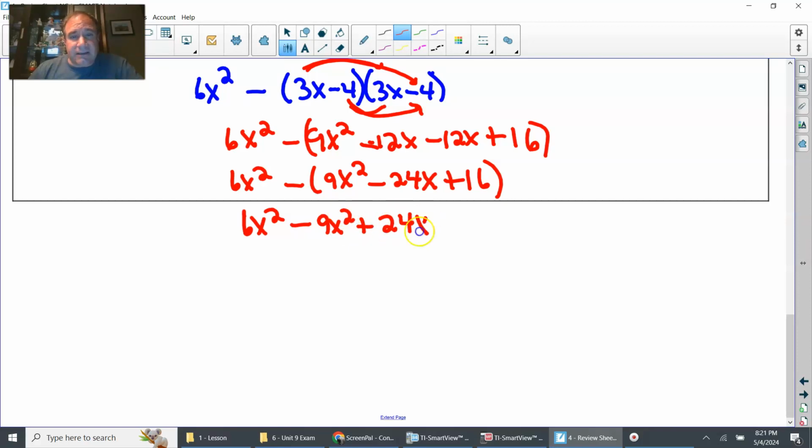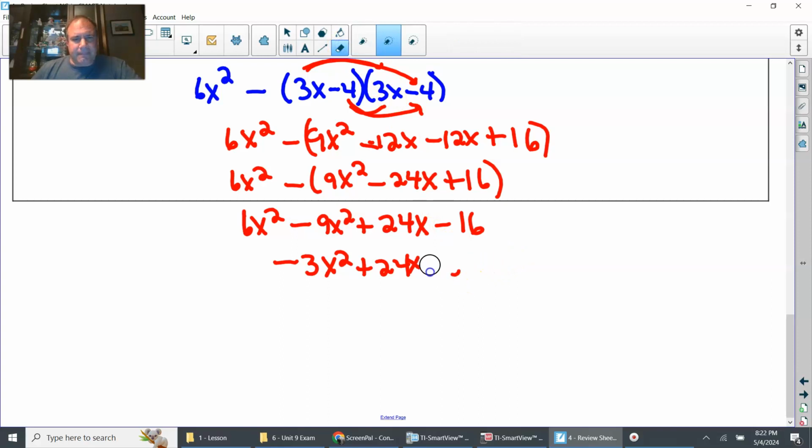I'm distributing the negative, and it changes all the signs inside the parentheses. So we have a negative 3x squared plus 24x minus 16 as my final answer. And I did not put the x there. A little bit tricky. Final answer.